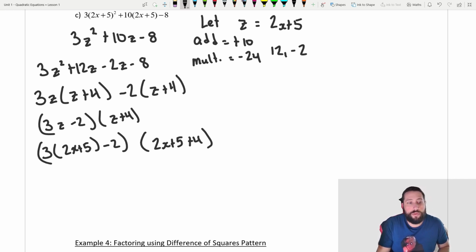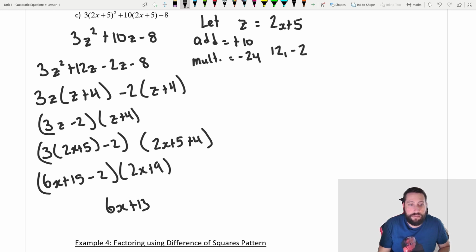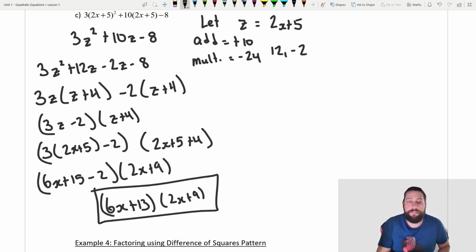Distribute the 3. So it's going to be 6x plus 15 minus 2 in one bracket, and in the other bracket it's 2x plus 9. Simplify, we should get the answer 6x plus 13, and then 2x plus 9. And that is the final factored form.